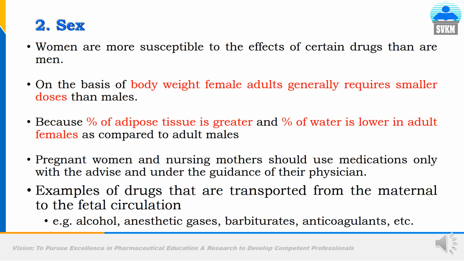When you administer these drugs to pregnant women or lactating mothers, the drugs are transported from the maternal to the fetal circulation, and it might cause some adverse effect on fetal growth as well as growth and development retardation in newborn babies and fetuses. So that's why it is generally avoided in pregnant women and nursing mothers.